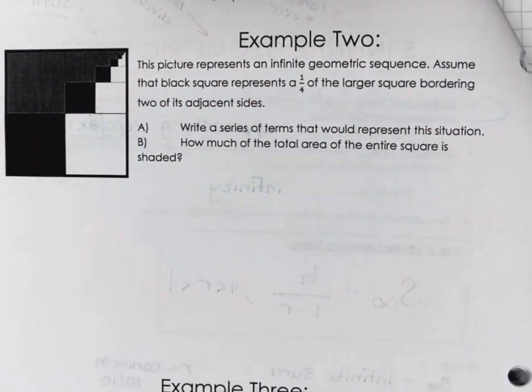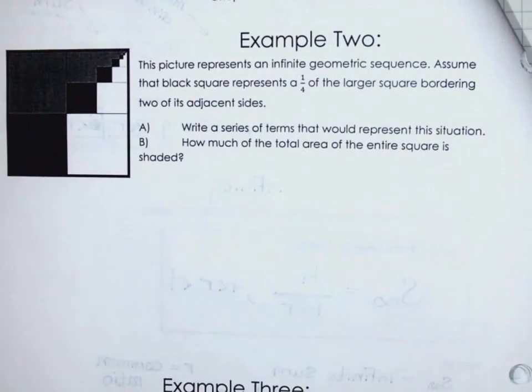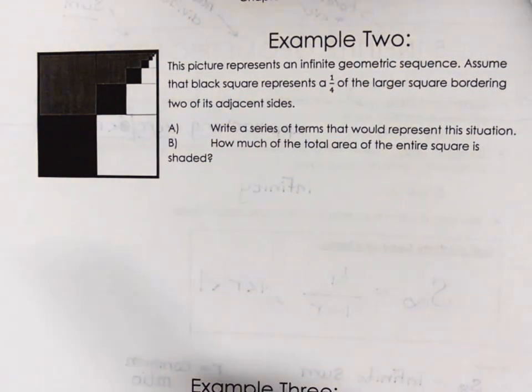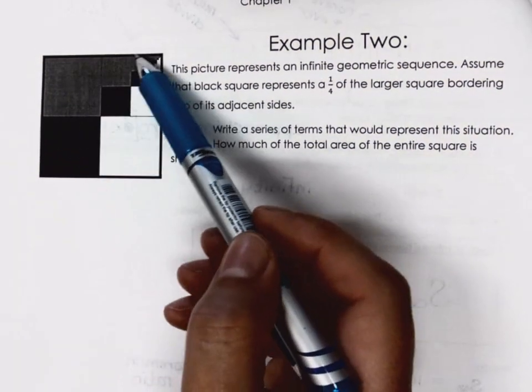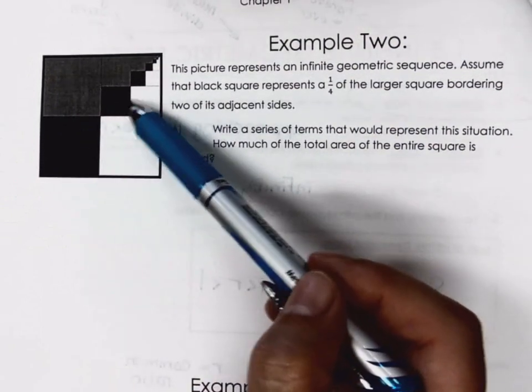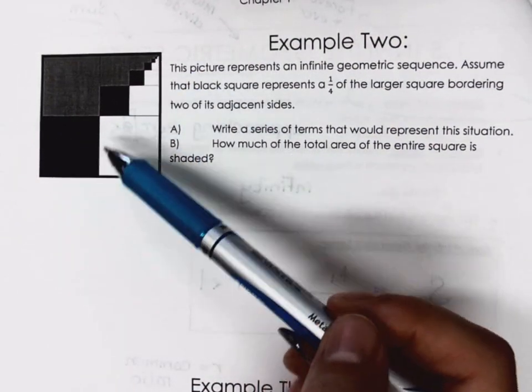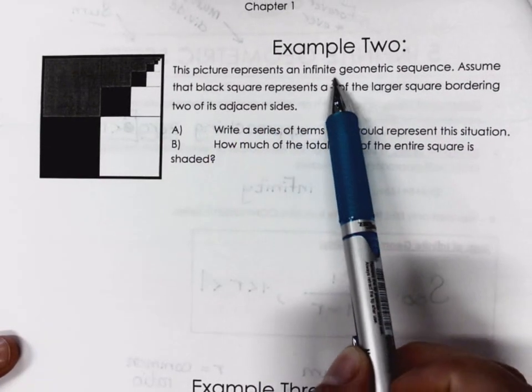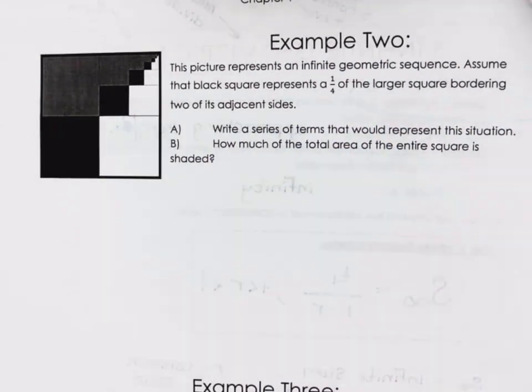Okay, pretty picture. This is a gray piece here. It's hard to see in mine, but you guys can see that it's gray. These are the black squares. Assume that the black square represents a quarter of the largest square.